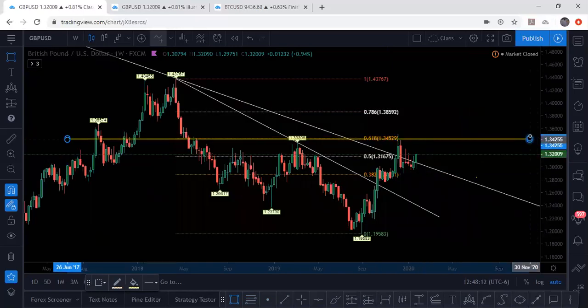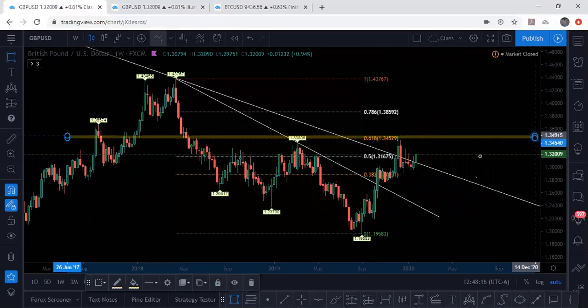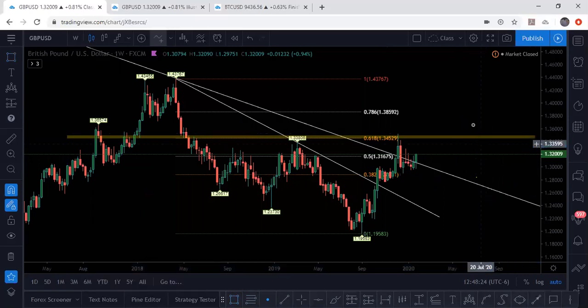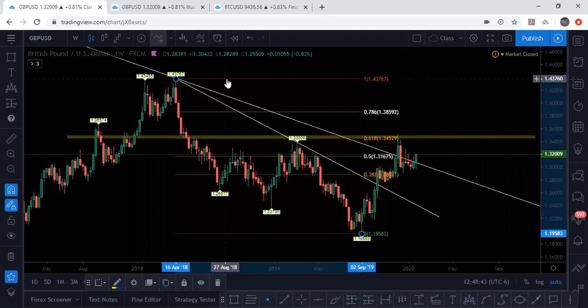So that's going to be my resistance. Anything above this zone I've drawn on a weekly, we're looking bullish. That means we've crossed this 0.618. Where do you think we might want to get to next? 0.786. Anything above that, we're looking up. But if it breaks this, then we have a strong feeling that we might be riding up. Okay, so that's on a weekly.